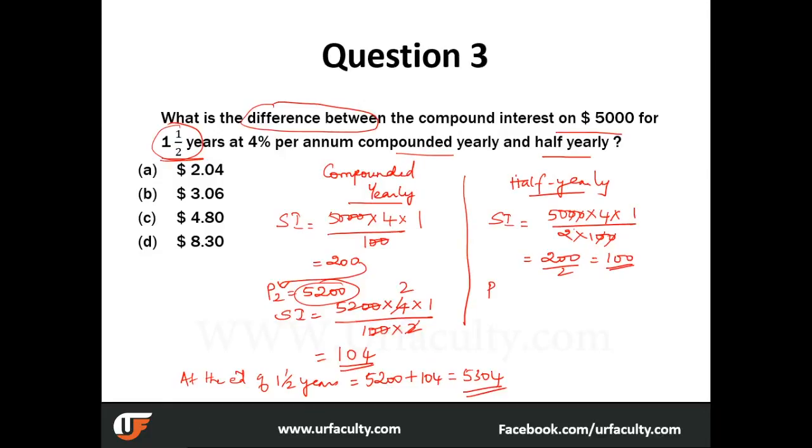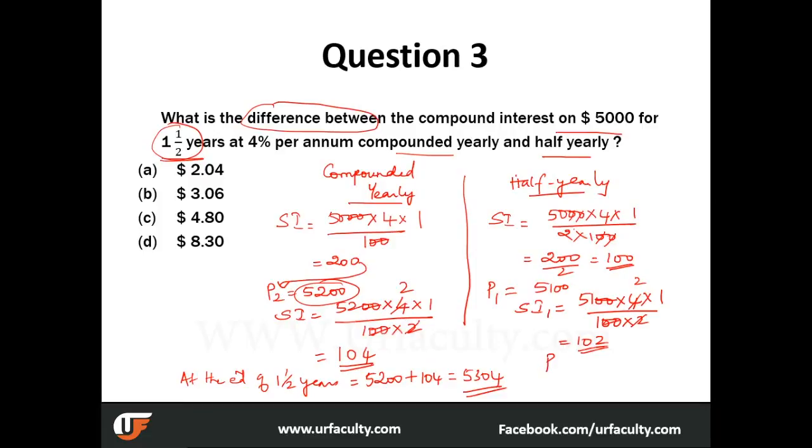Now your P1, which is basically at the end of half yearly, the new principal will be 5,100, and hence your simple interest at the end of 1 year will be 5,100 into 4 into 1 by 100 into 2. This is 2. 51 into 2 is equal to 102.